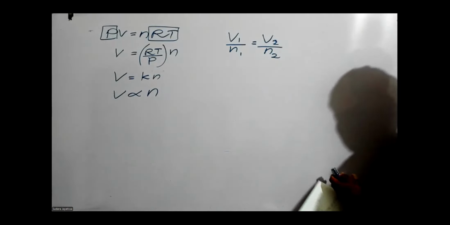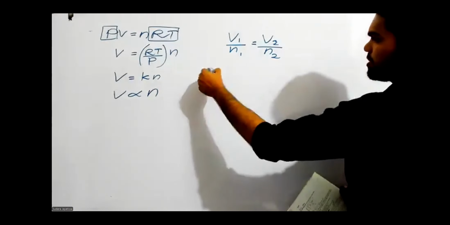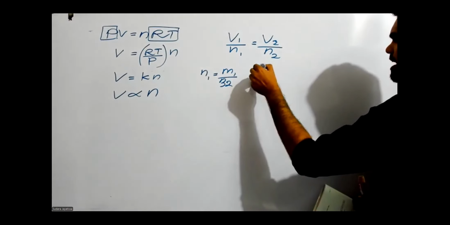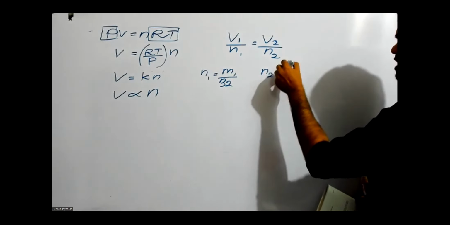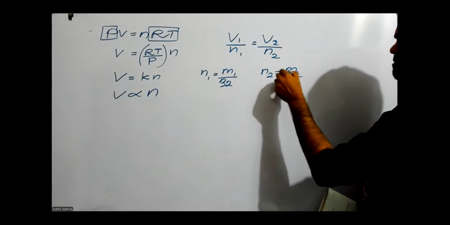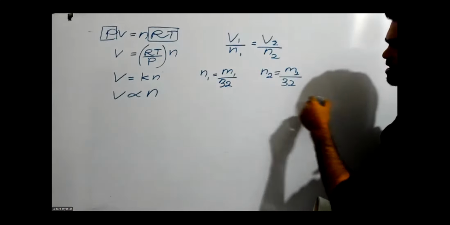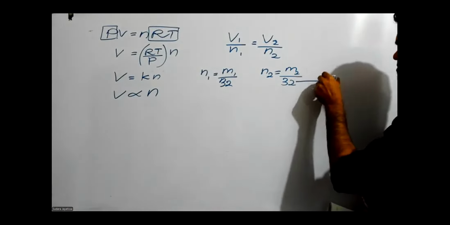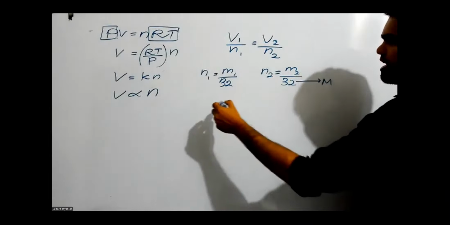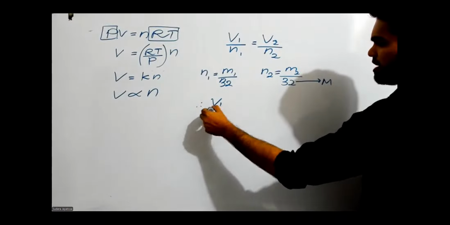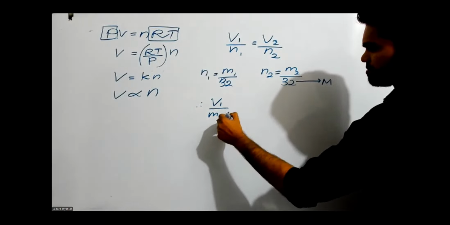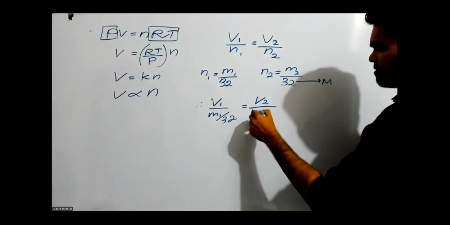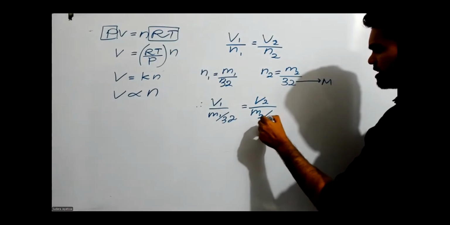Now, to find n1, we need to divide simply m1 by 32, and for n2, you divide m2 by 32. Or the molar mass, which is the same, capital M, you can write. Then you can say V1 over m1 over 32, and V2 over m2 over 32.